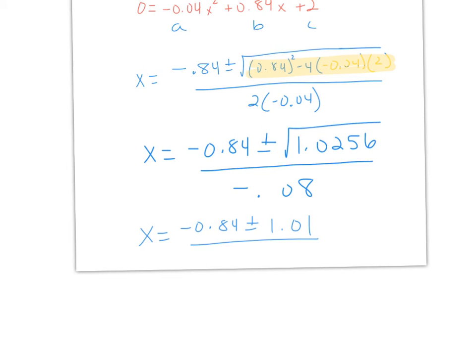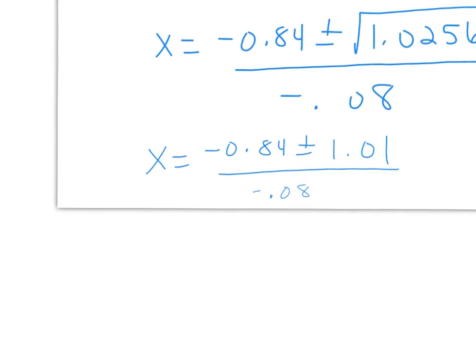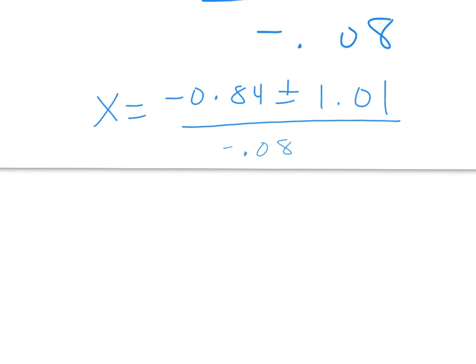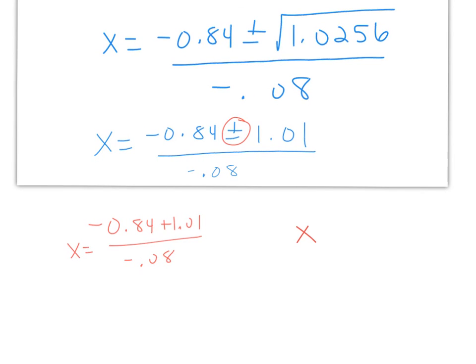Okay, so now I've got -0.08, all right, and we're going to break it up into our 2 parts because of that positive and negative. So I've got -0.84 plus 1.01 divided by -0.08, and I have got -0.84 minus 1.01 divided by -0.08.